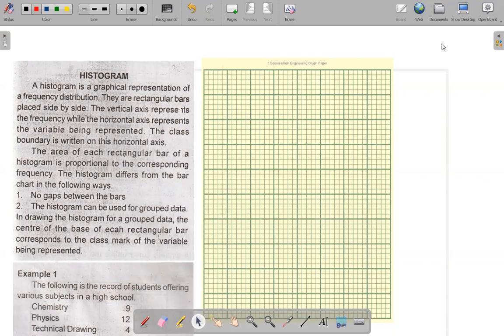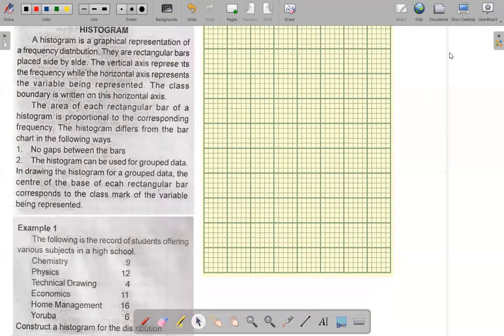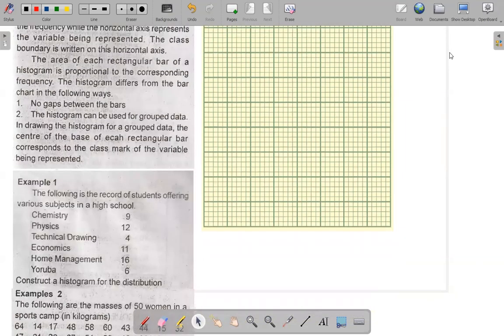We have an example here on the board which says, the following is the record of students offering various subjects in a high school. Chemistry 9, Physics 12, Technical Drawing 4, Economics 11, Home Management 16, Yoruba 6. Construct a histogram for the distribution.